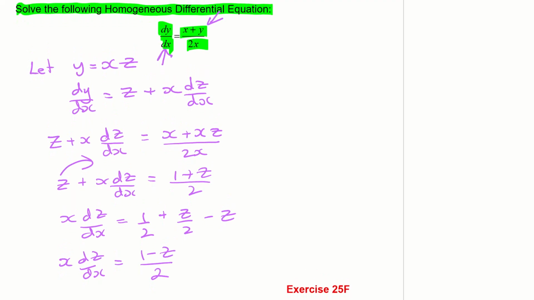So we can now separate and integrate, and we get the integral of 1 over (1 minus z) dz would be equal to a half of the integral of 1 over x dx.